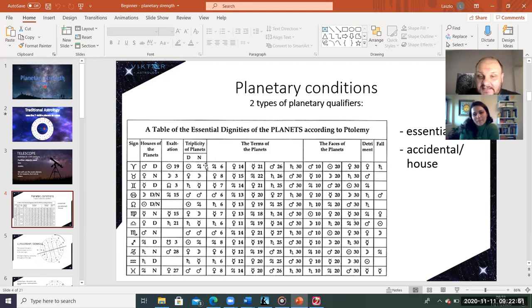By the way, triplicity in traditional astrology has got something to do with your health conditions, but I'm not going to go into that because that's also a complex topic. So looking at this table again, between 0 to 6, it's a Jupiterian territory on the Aries line. Between 6 to 14, that's Venus. 14 to 21, that's going to be Mercury, and so forth.